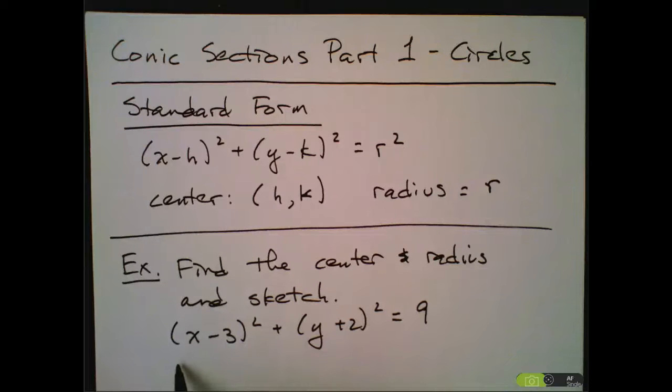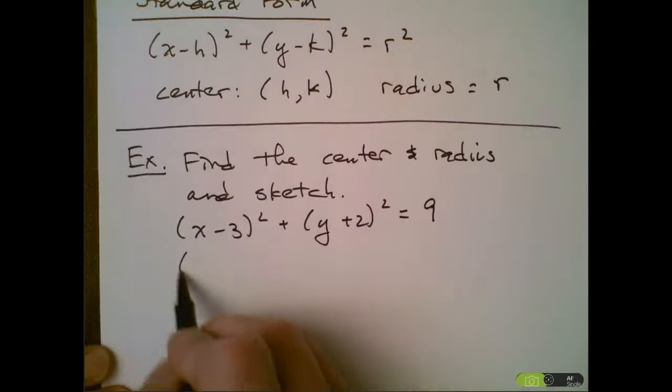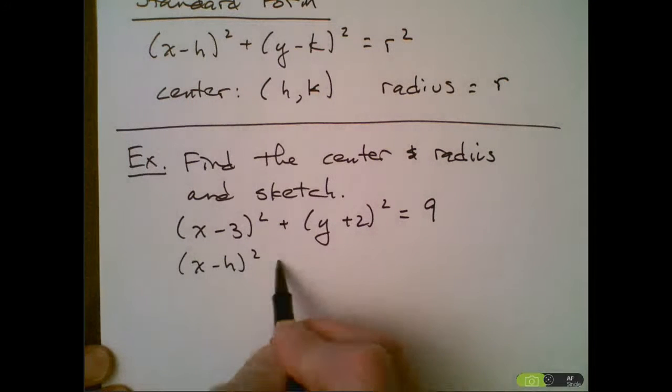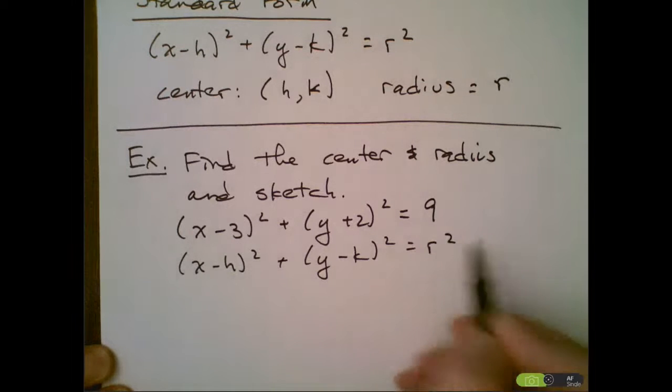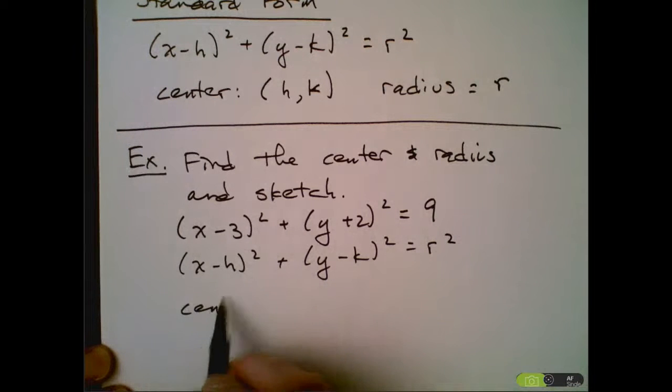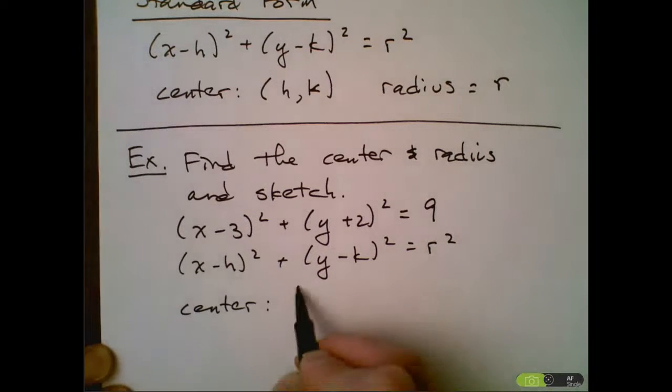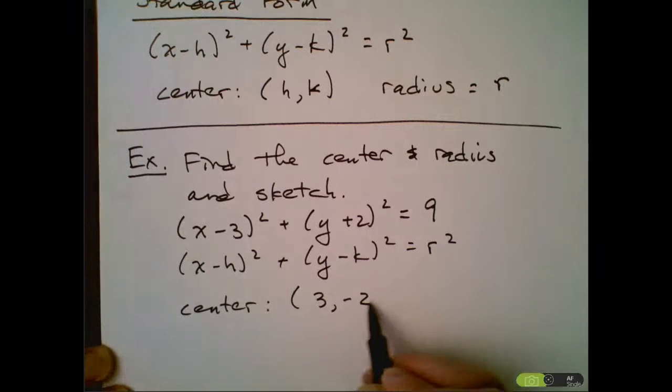So comparing this to x minus h squared plus y minus k squared is equal to r squared, we can see that the center is going to be at 3, negative 2.